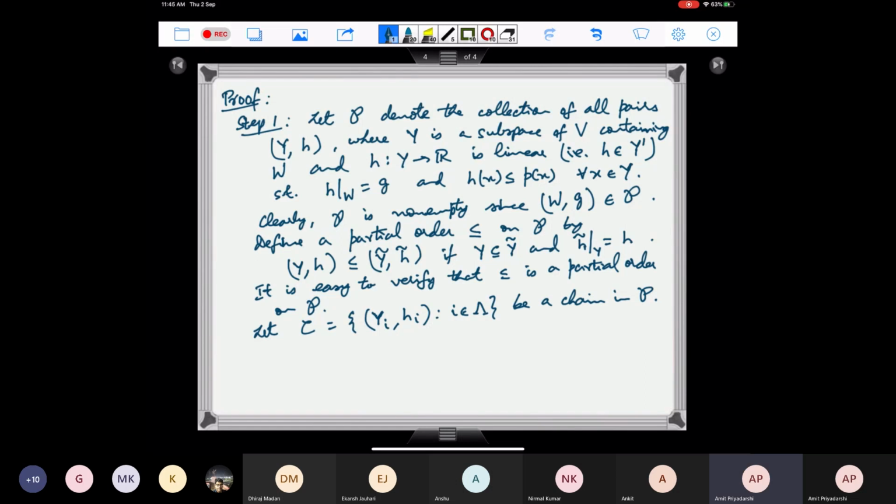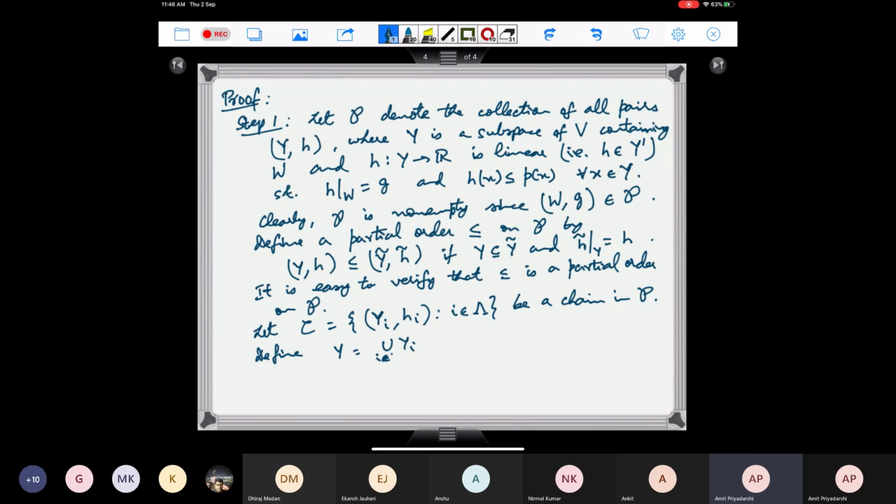So what is an upper bound for this? Define capital Y equal to the union of Y_i, i belonging to this index set Lambda.